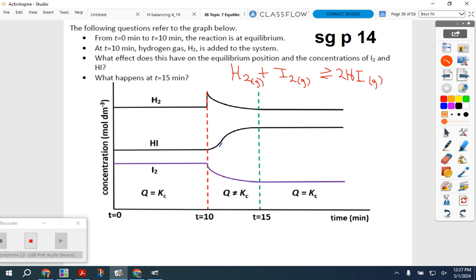So this is the reaction that we're looking at: hydrogen gas and iodine gas combine to form hydrogen iodide, okay? And we have this lovely system just chugging along at equilibrium, and then we dump in a bunch of hydrogen. The way that you recognize that this graph is about the experimenter changing the concentration is that it's an immediate change.